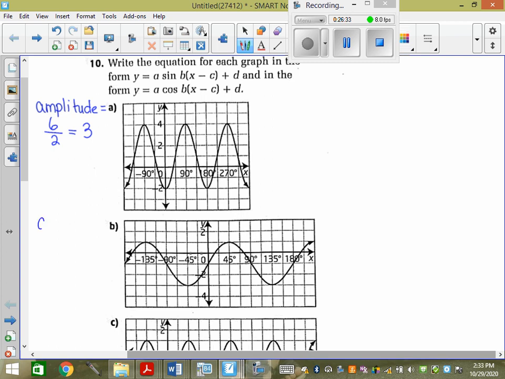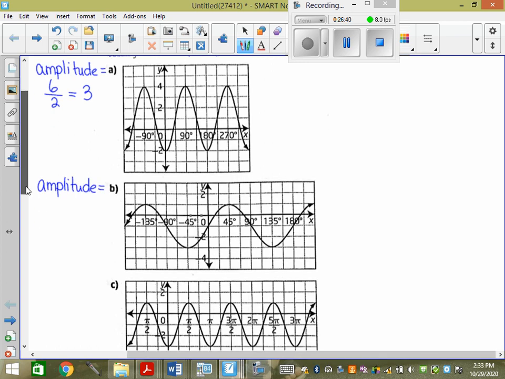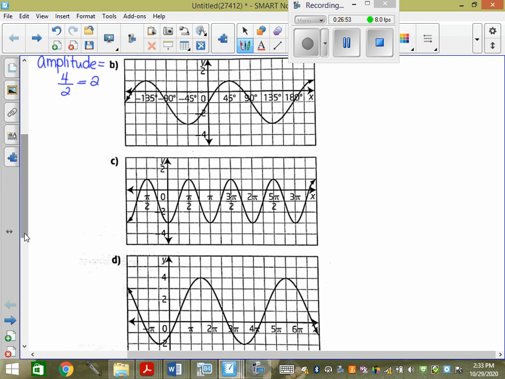What's the amplitude for B? How far is it from minimum to maximum? 1, 2, 3, 4. It's a distance of 4, right? So my amplitude is 4 divided by 2, which is 2. What's the amplitude for C? What's my vertical distance from min to max? 1, 2, 3, 4.